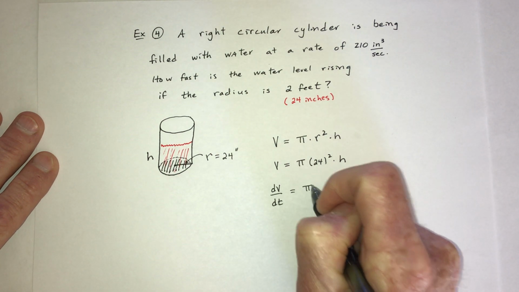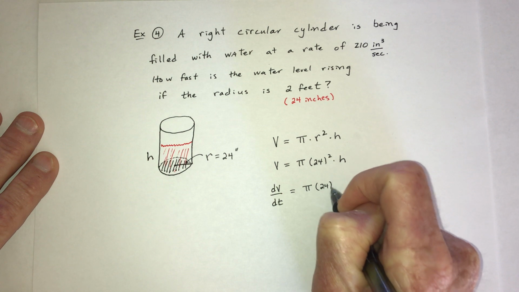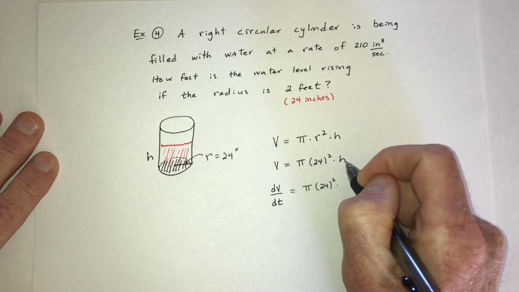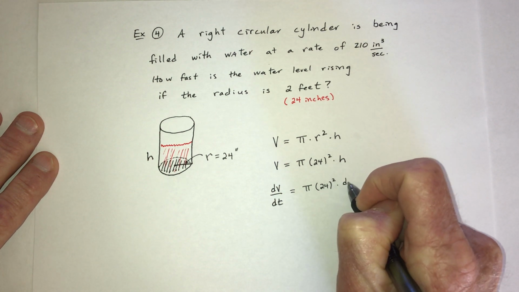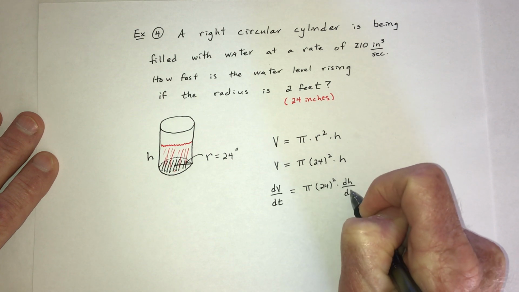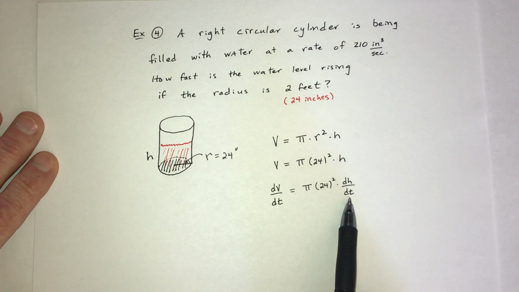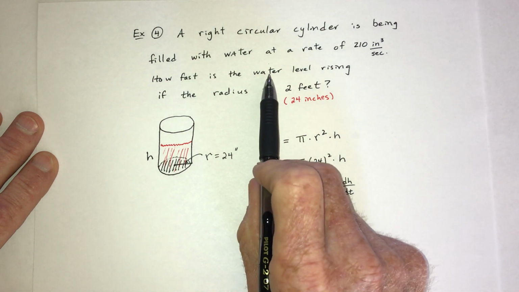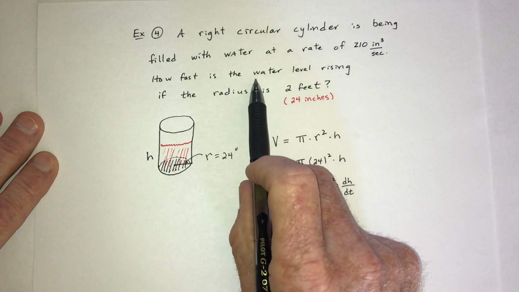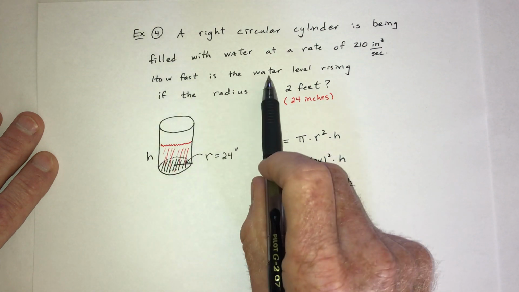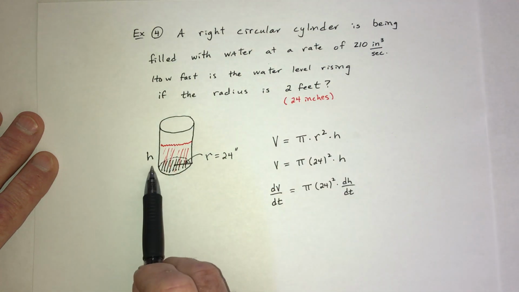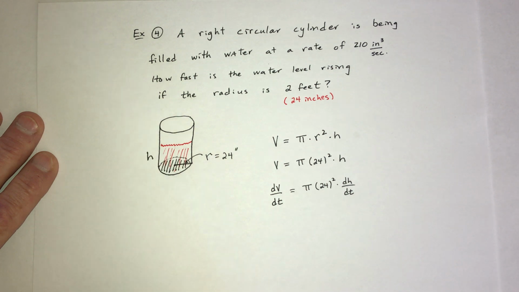And then the pi and the 24 squared can stay there. And now take the derivative of h. So the derivative of h with respect to t, which means how fast is the height changing over time, which is what I was asking right here. How fast, so that means derivative. The water level rising, so how fast is h changing?